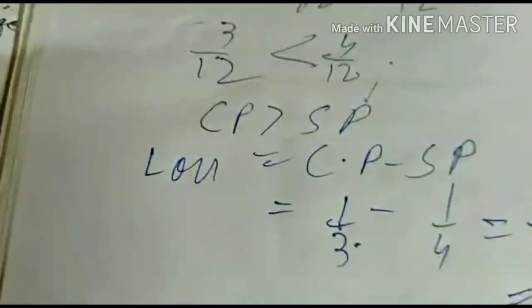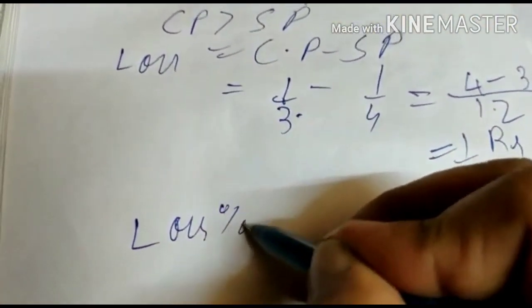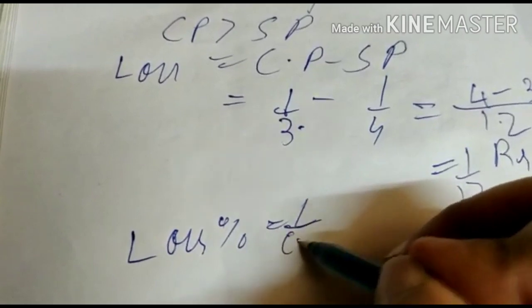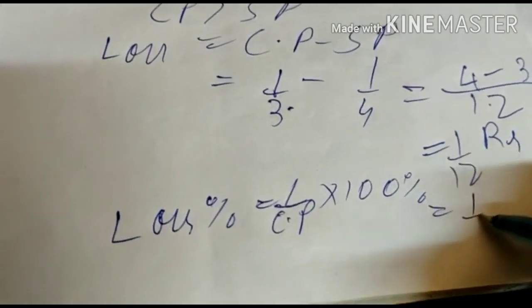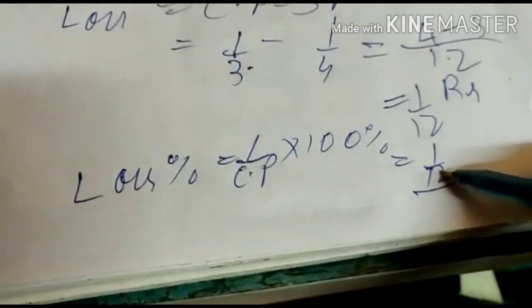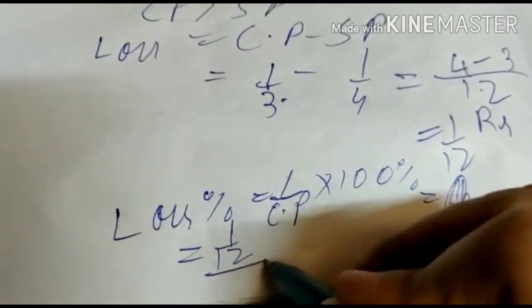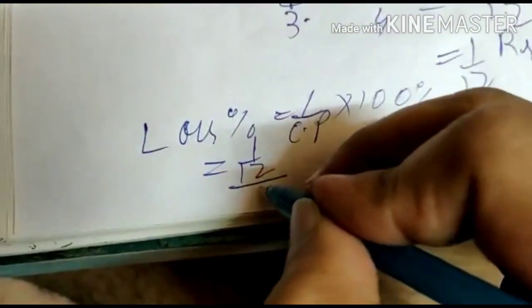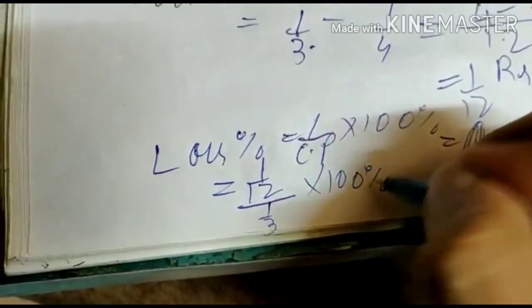And we also have to find the loss percent. So loss percent will be equal to loss upon CP into 100%. Our loss is 1 upon 12. CP of 1 pen is 1 upon 3, into 100%.